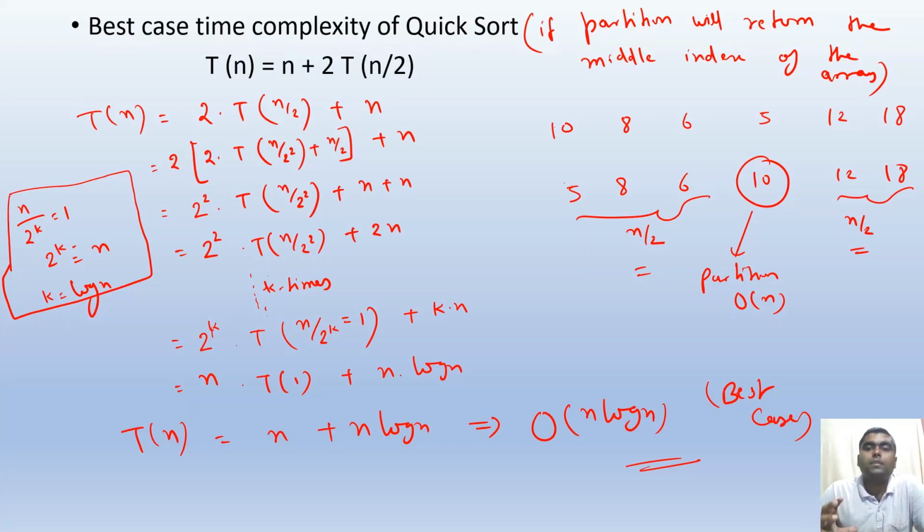This divide and conquer strategy is very beautifully designed and best suited for practical use. But if the array is already sorted, the worst case time complexity is order of n square.